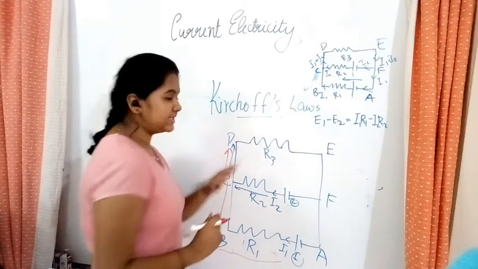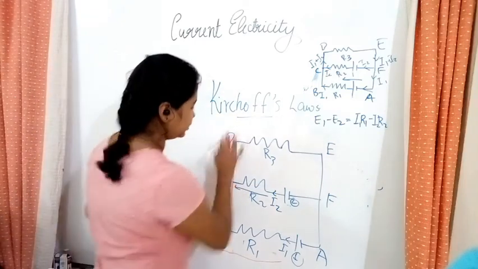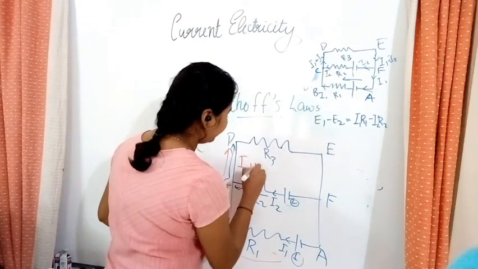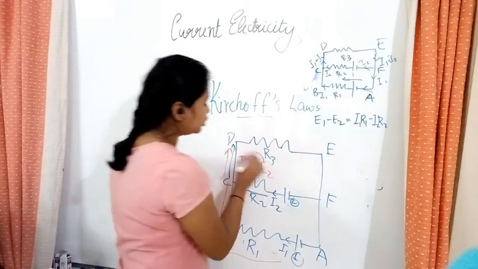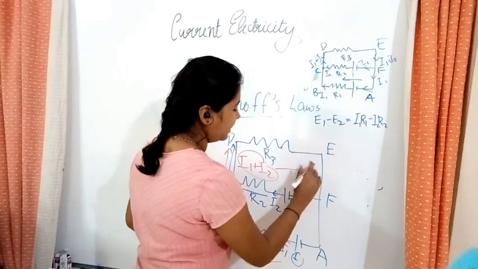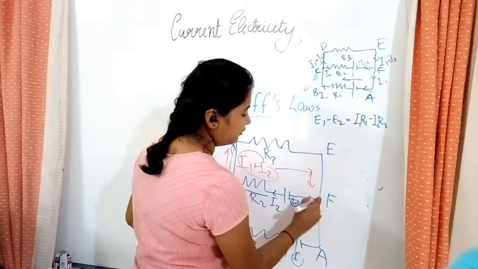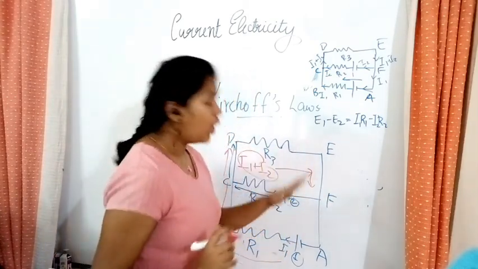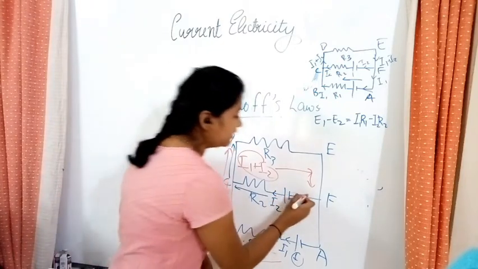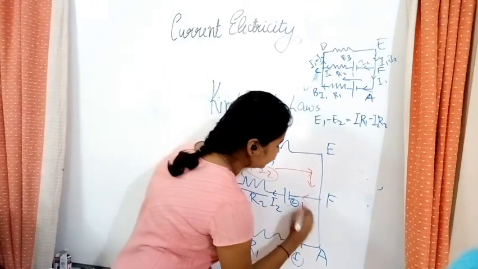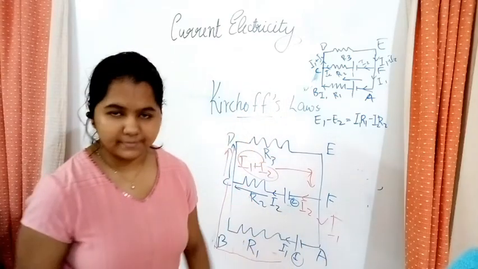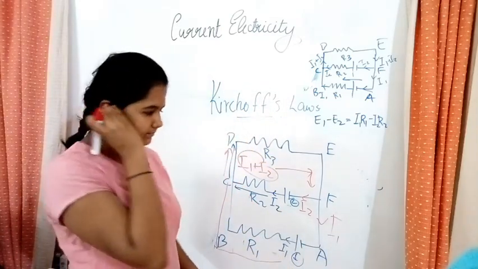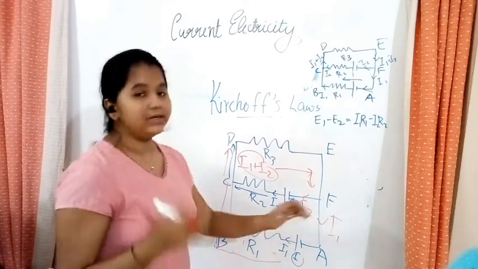So the current passing through this portion is I1 plus I2. When it comes down over here, only I2 will go back this way, and I1 would reach the negative terminal of cell 1. So that is the diagram.